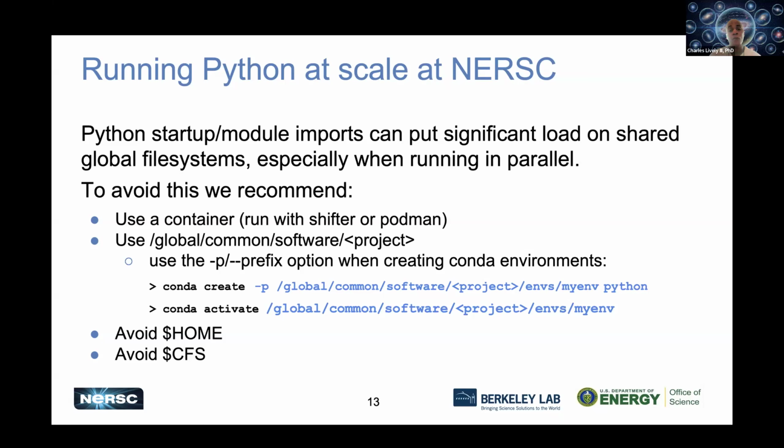You want to set appropriate prefix options for your environment with conda create, so you force it into a specific directory for your project. That allows other people on your project to have access to it. And again, you want to avoid installing in home as well as in CFS, because it's not performant.